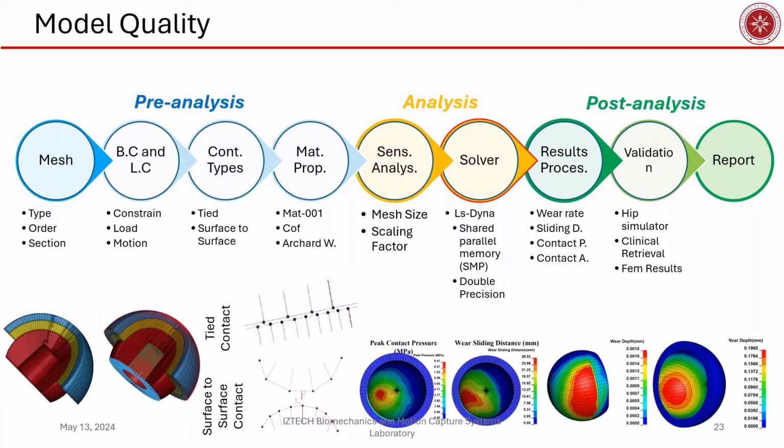These are wear rate, linear and volumetric, wear sliding distance, contact pressure, and contact area. After we obtain the results, we need to validate them with the literature data. These data are obtained from the hip simulator, clinical retrieval, and family site. After validating our results with the literature, we can report them.